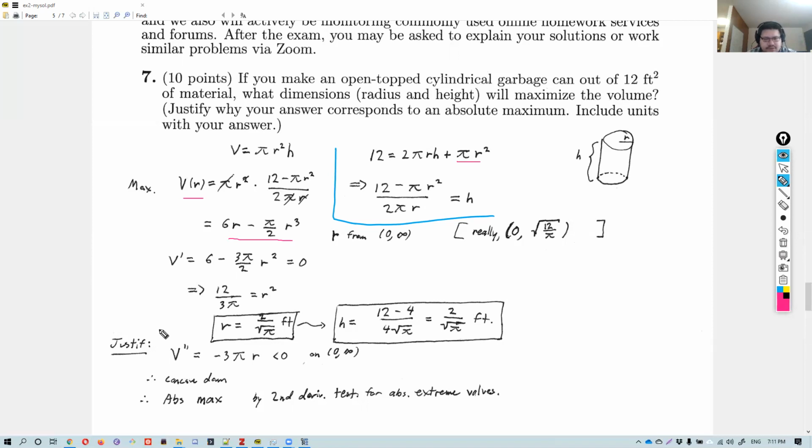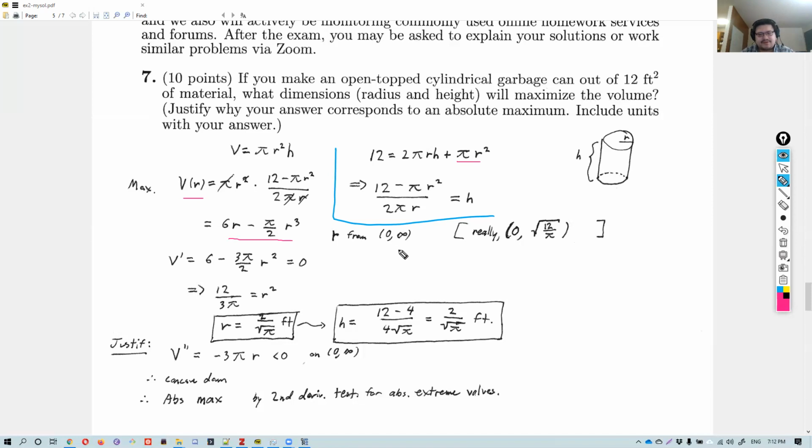Now for the justification, to justify that this is actually the absolute maximum volume that can occur, you can use the first derivative test, you can use the second derivative test. These are the derivative tests for the absolute extreme values. Since the domain in question is actually open, it's somewhat a technical consideration, but you can't put r equals 0 into this.